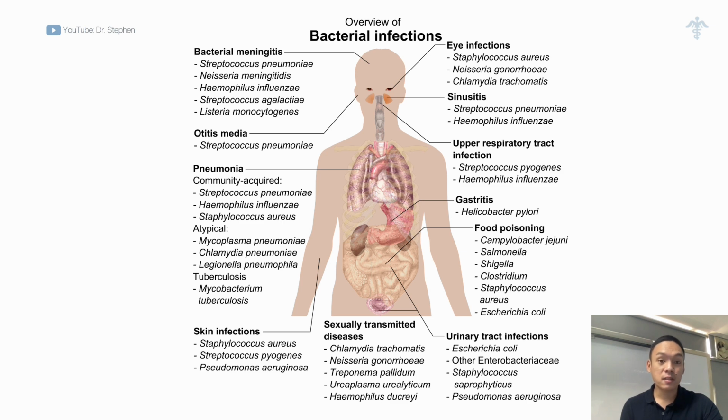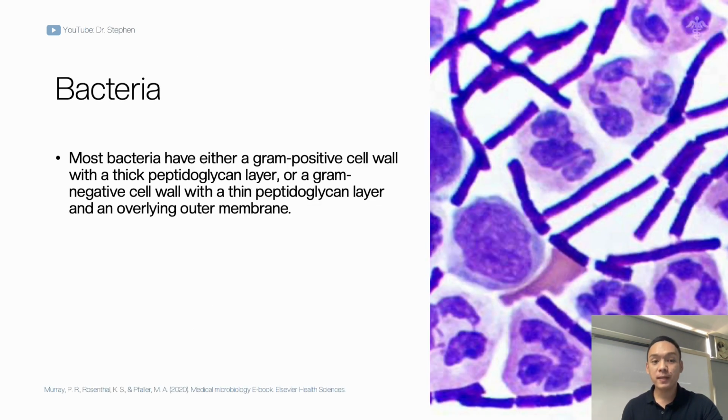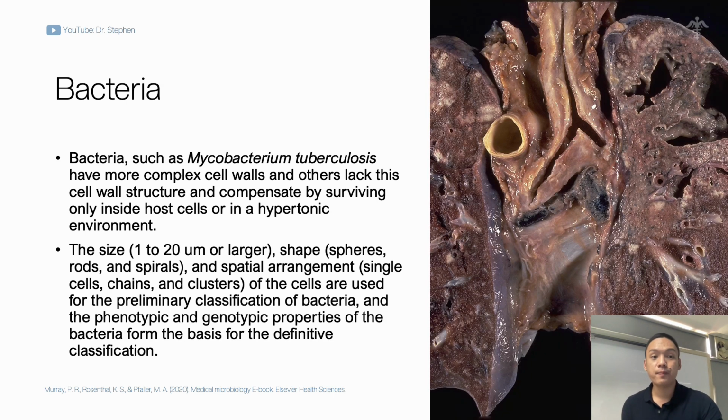Most bacteria have either a gram-positive cell wall with a thick peptidoglycan layer or a gram-negative cell wall with a thin peptidoglycan layer and an overlying outer membrane. You can check that using one of the staining techniques used in the laboratory, which is the gram stain technique.